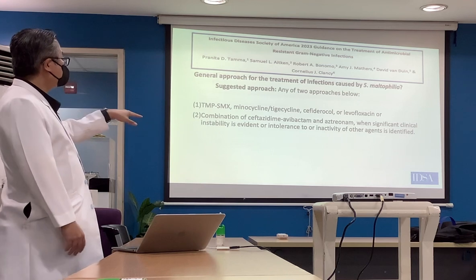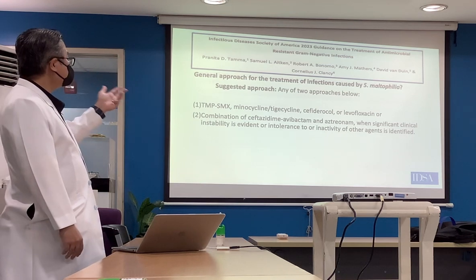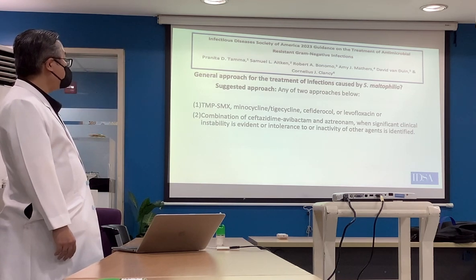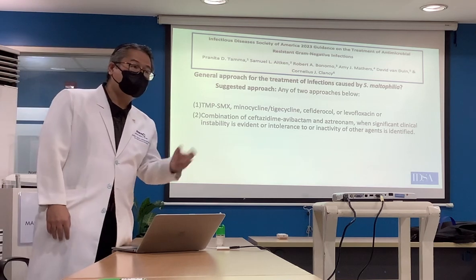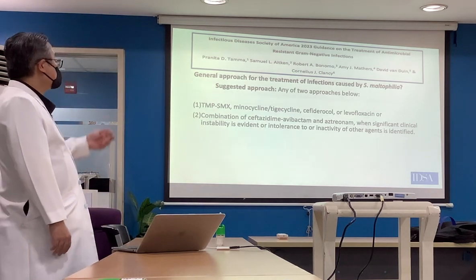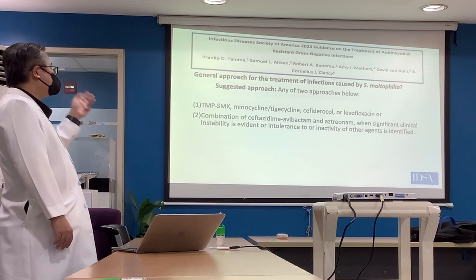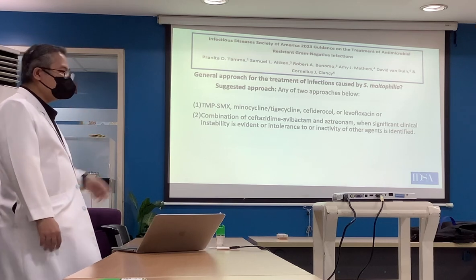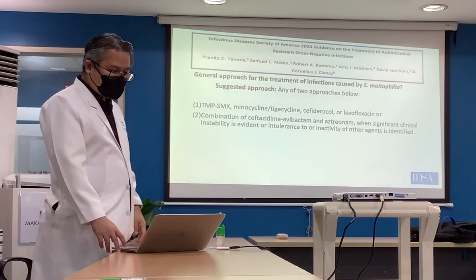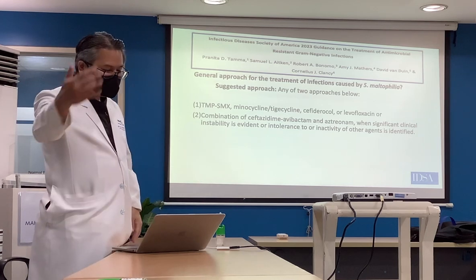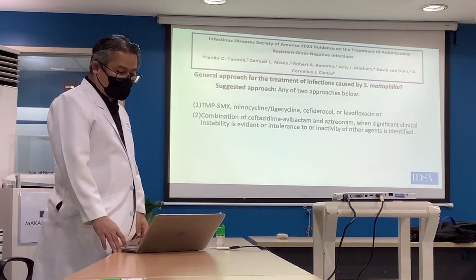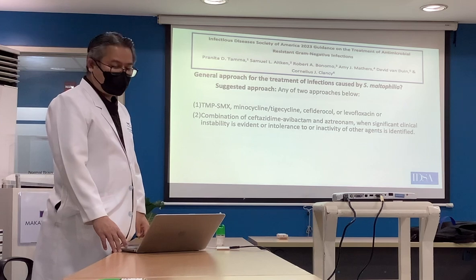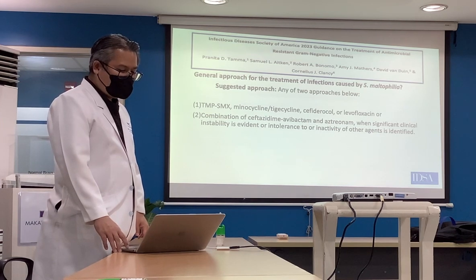However, it's also possible to use as number 2 a combination of Ceftazidime and Aztreonam, especially kung unstable yung pasyente. Clinically significant clinical instability or intolerance to the first line. So again, Ceftazidime plus Aztreonam also has a role in Stenotrophomonas maltophilia infections.